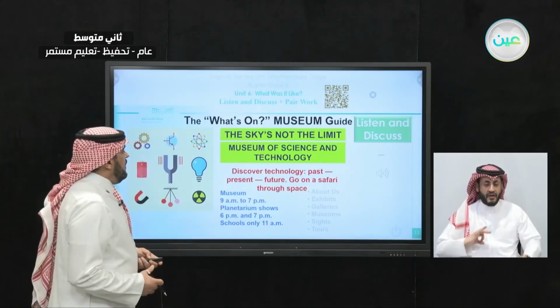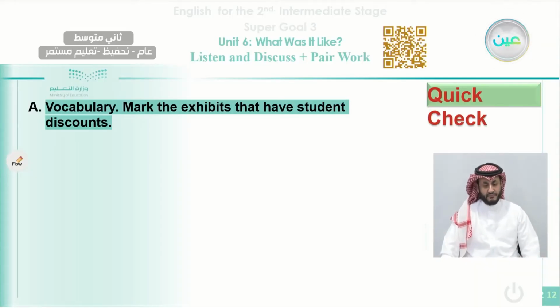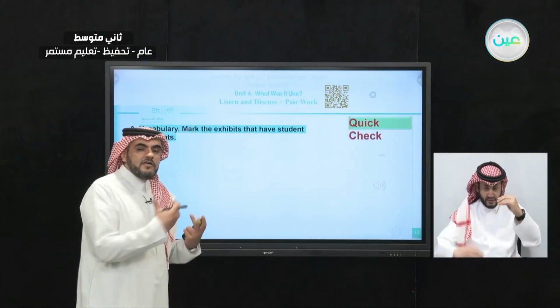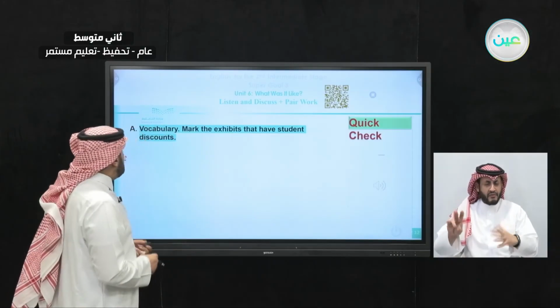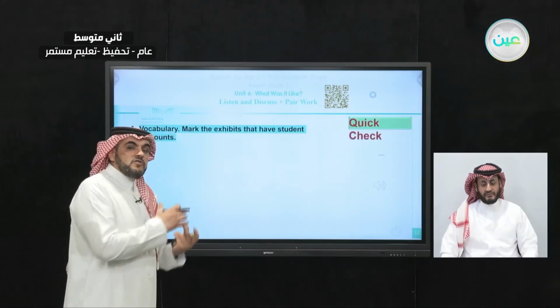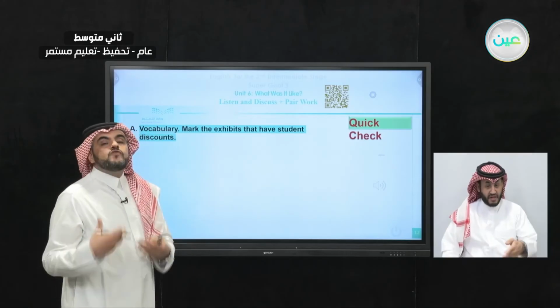Okay, and here we come to the second part of our class today. That is the quick check. What do you mean by check? We will check your comprehension and understanding of what we have said. Like here, vocabulary: mark the exhibits that have students' discounts. There are some exhibits or some museums that offer some discounts for students.